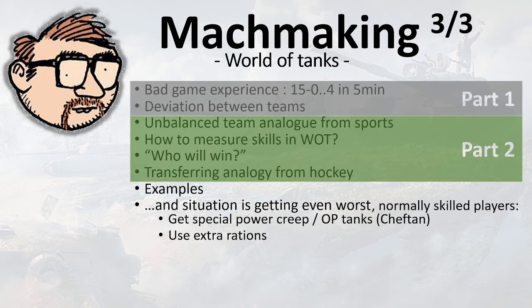And when we are talking about these average Joes, budget players, 20,000 credits is a huge amount for them if they are free-to-play players, for example, and don't have premium tanks. So they are losing credits very fast if they're using those extra rations, which give a boost to their tanks.